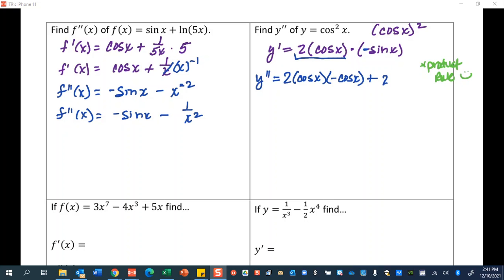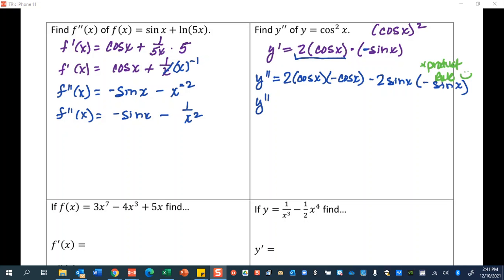So the derivative of the cosine is sine, so this becomes, I'm going to do this as minus, times my second term, which is the opposite of the sine of x.